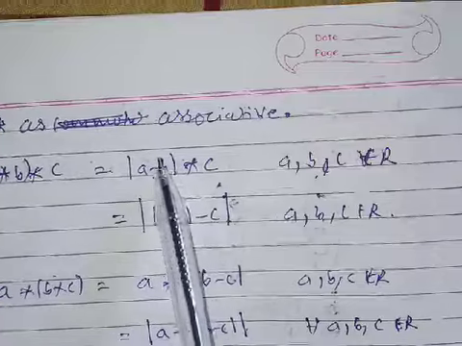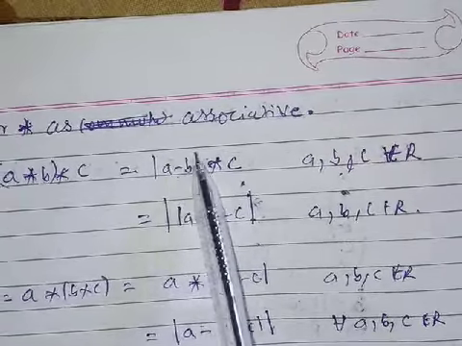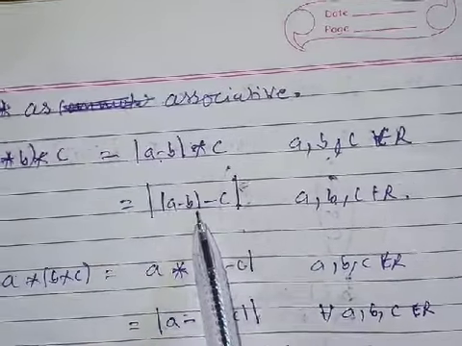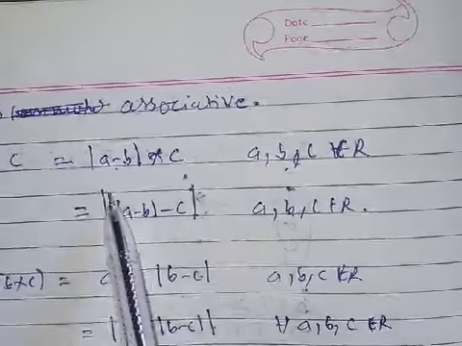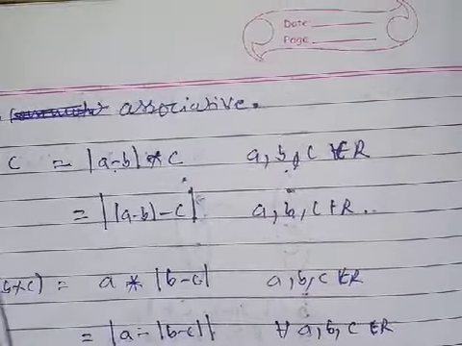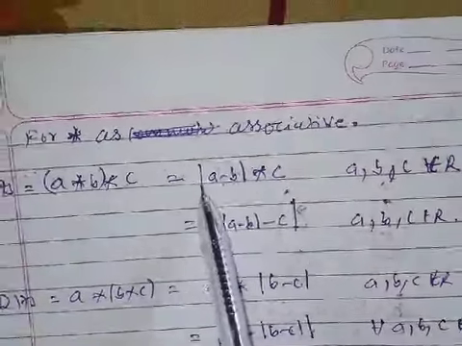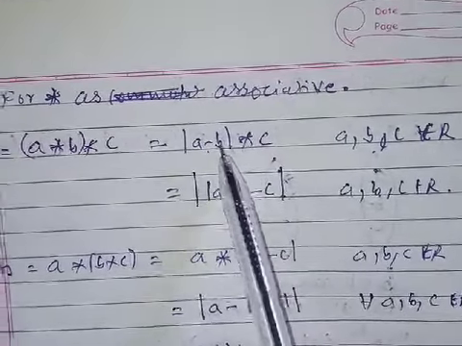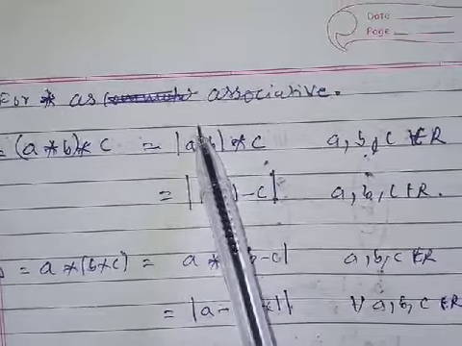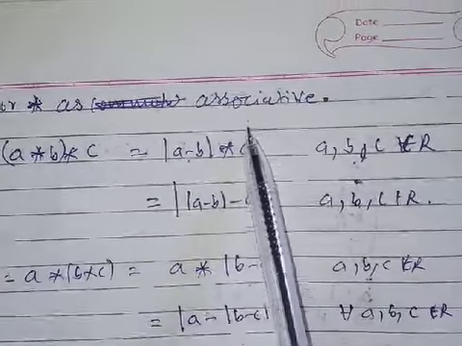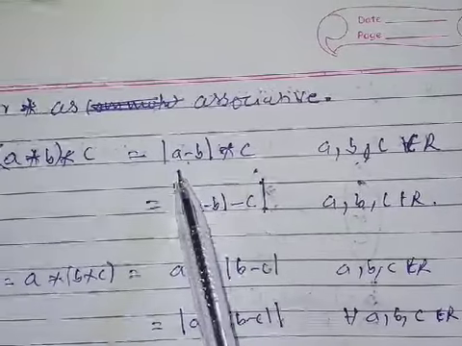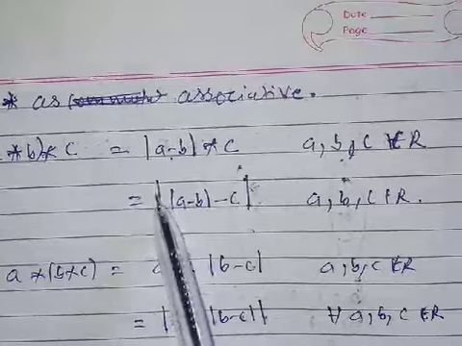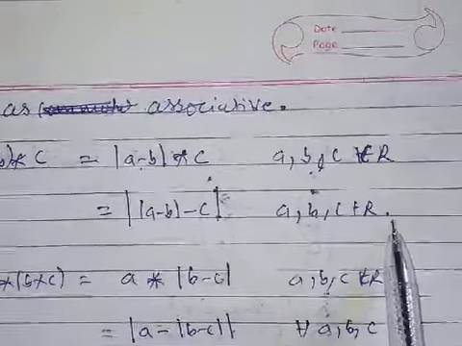It is |A minus B| star C. Now here, |A minus B| is considered as A, and C is considered as B. So it can be written as ||A minus B| minus C|, for every A, B, C belongs to R.